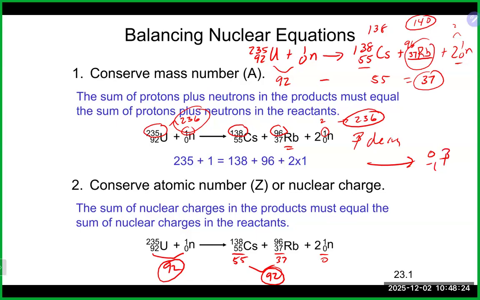If it emits an alpha particle or some type of thing like that, something to do with emitting means you should put that particle on the product side. If you bombard it with a neutron, that is going to be on your reactant side.